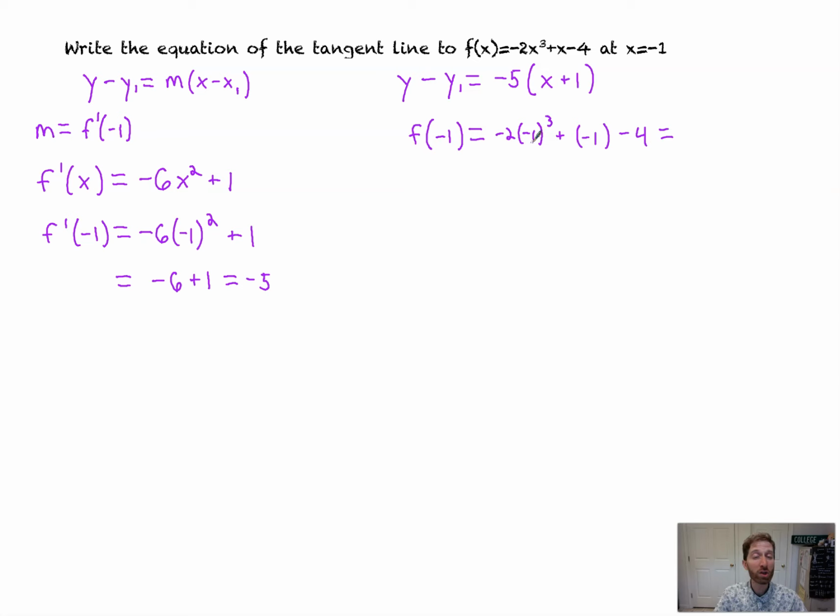Negative 1 cubed is negative 1, times negative 2 is 2. Negative 1 minus 4 is negative 5. And so that's going to simplify to negative 3. And so now we get y minus a negative 3, which is y plus 3, equals negative 5 times x plus 1. And we'll leave it there.